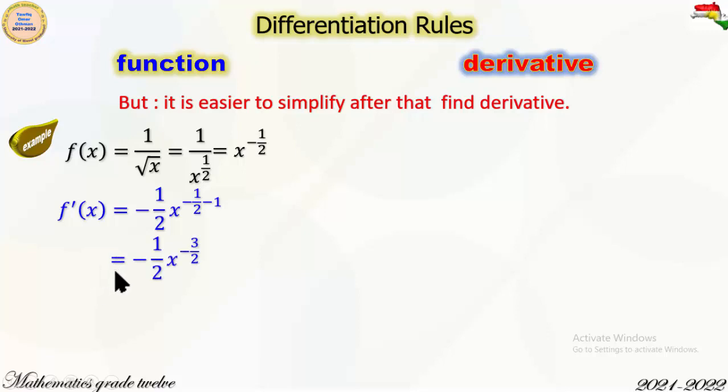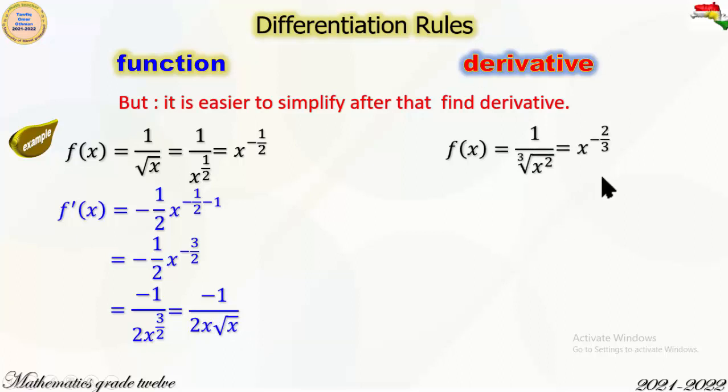Then f prime of x is equal to minus 1 over 2 x to the power minus 3 over 2. Because you have a negative power, take it to the denominator and it becomes positive. Write this part as a root, it becomes minus 1 over 2x square root of x.